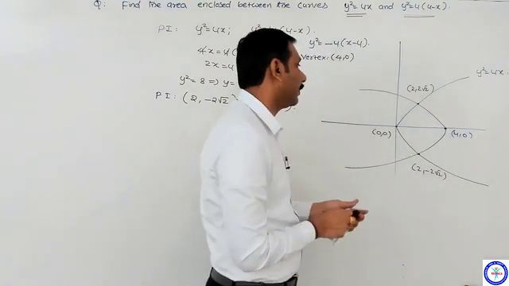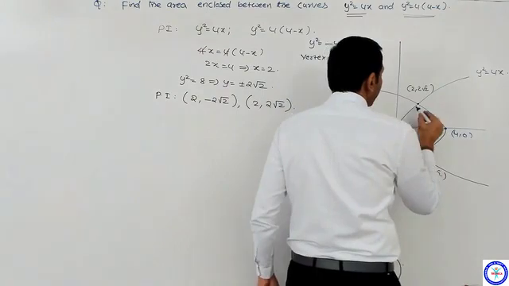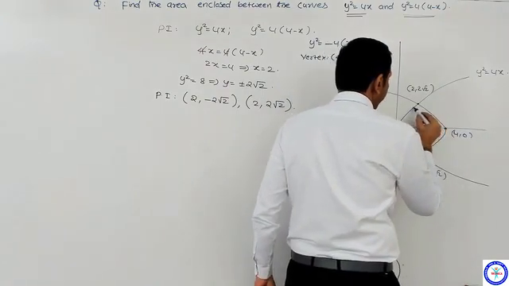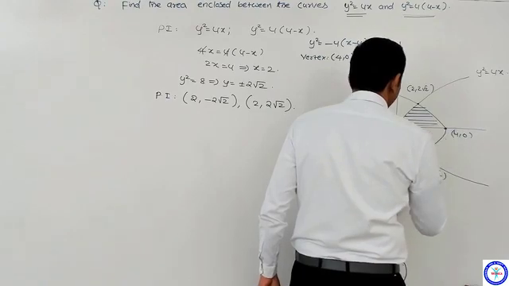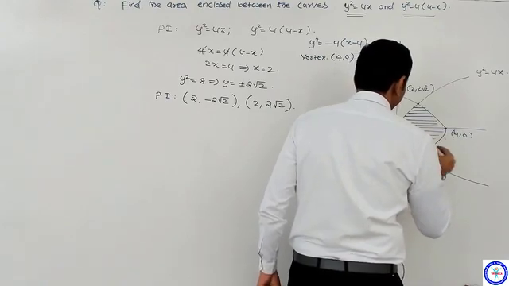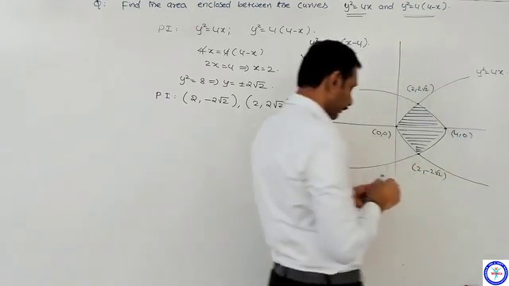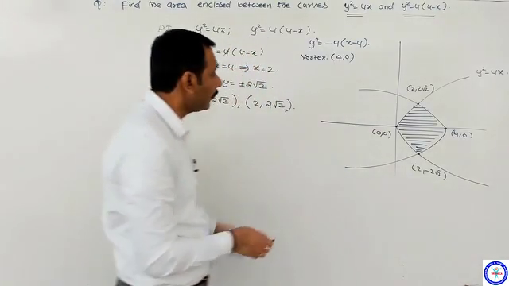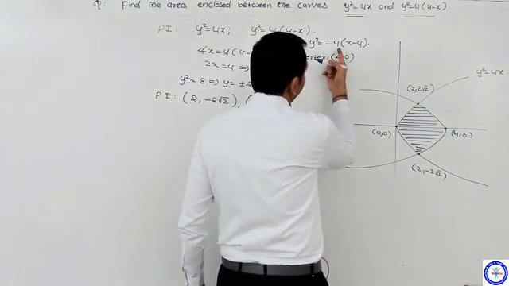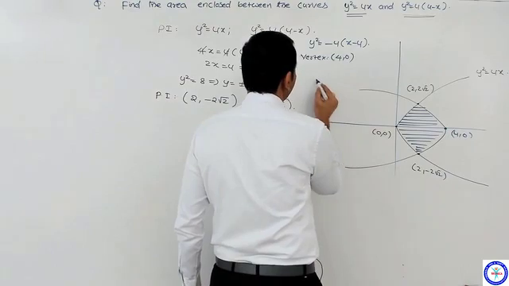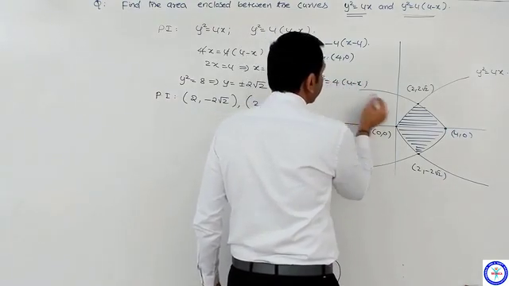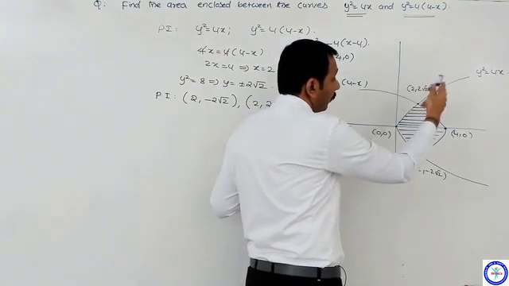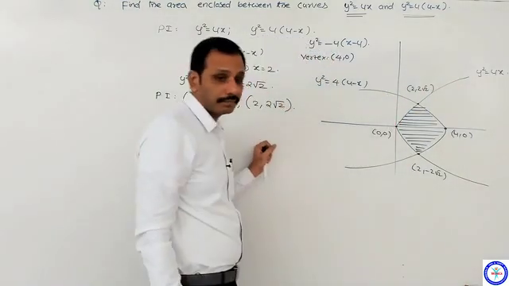Area between the curves means, yes, it is a closed figure. I need this shaded area. This area I want, right. What is the equation? Y square equal to minus 4 into x minus 4 or y square equal to 4 into 4 minus x is this one and y square equal to 4x is that equation.